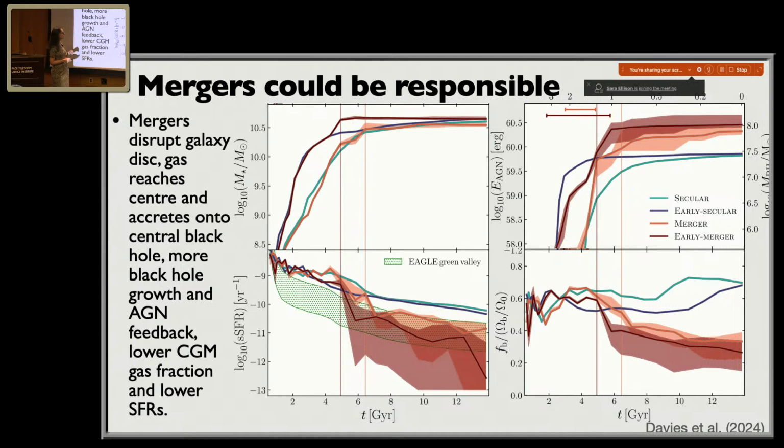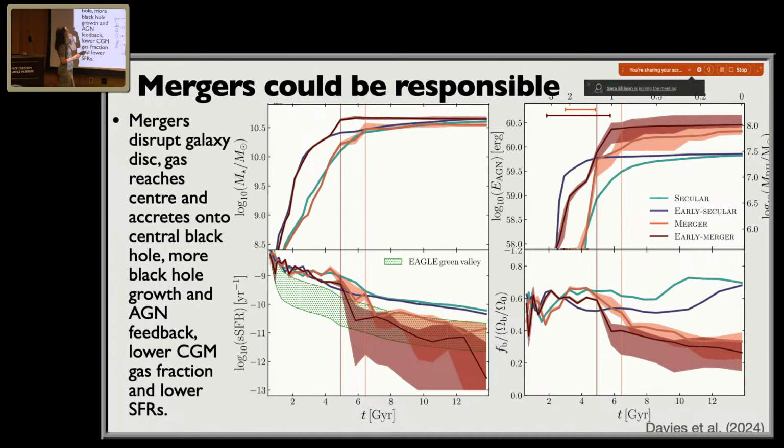So the 2 blue ones don't have any mergers that are more than 1 to 10. And then the 2 orange-red ones are ones where it goes up to a merger of 1 to 2, I think, or almost 1 to 2. The dark red one is forming early, the orange one is forming late, the dark blue one is forming early, and the lighter blue one is forming late.